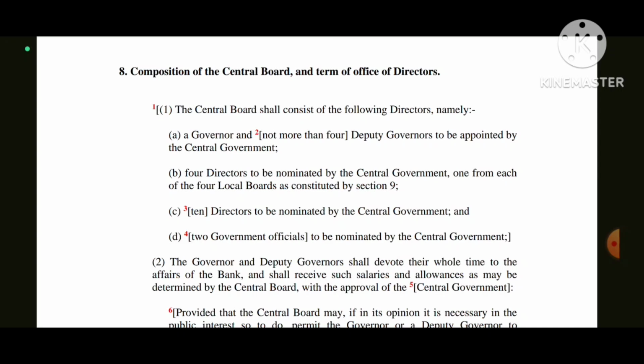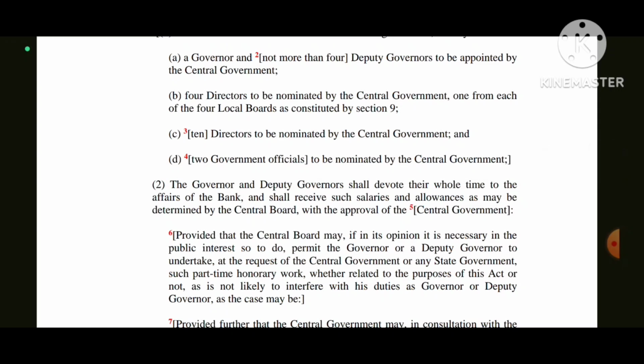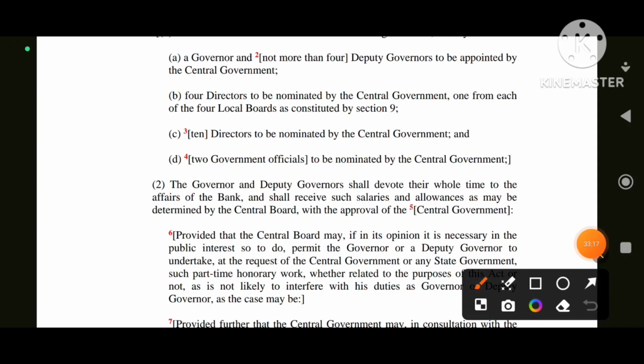Next is section 8. Composition of the central board and term of office of directors. Under section 8, subsection 1, the central board shall consist of the following directors, namely 1 governor and not more than 4 deputy governors to be appointed by central government, 4 directors to be nominated by central government, one from each of the 4 local boards as constituted by section 9.